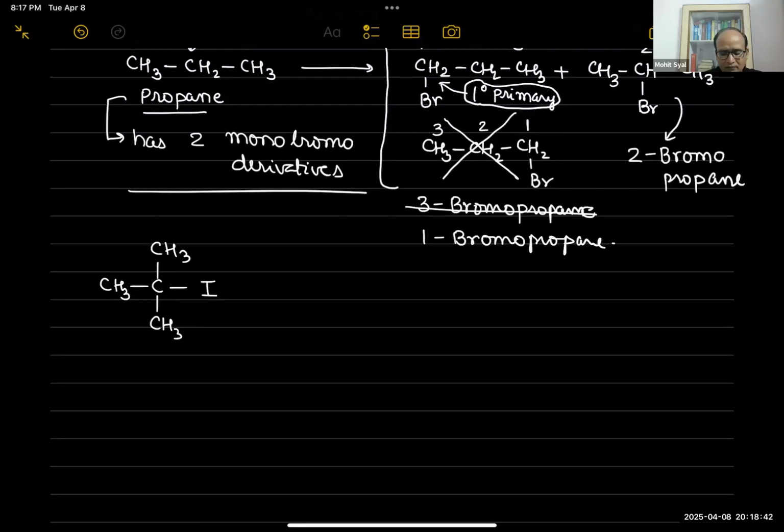This is a tertiary carbon. What type of carbon? Tertiary, because it is connected to 3 carbon atoms. Got it? That's why it is tertiary. And this is an example of an iodoalkane because the halogen is iodine, right? So can we try to assign an IUPAC name to this compound?